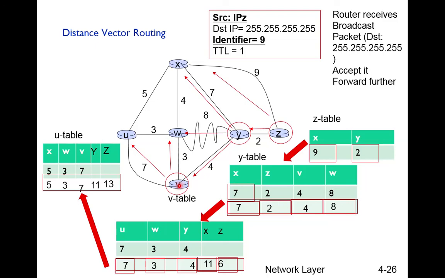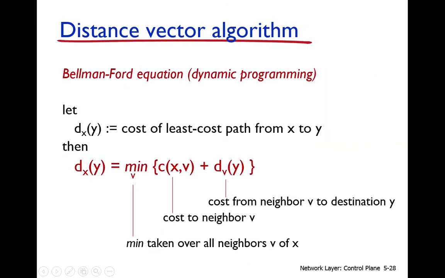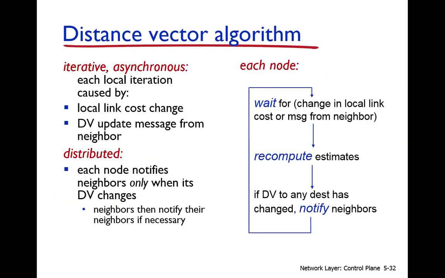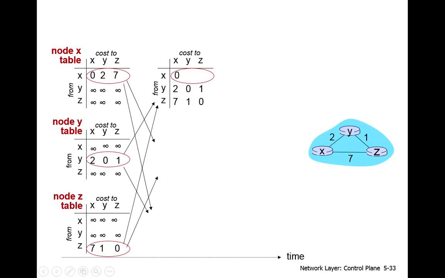But when v receives the information, the v table is changed, so it will immediately transmit this table to its neighbors. So each node waits for a change, and when there is a change, it recomputes the estimate and notifies its neighbors.